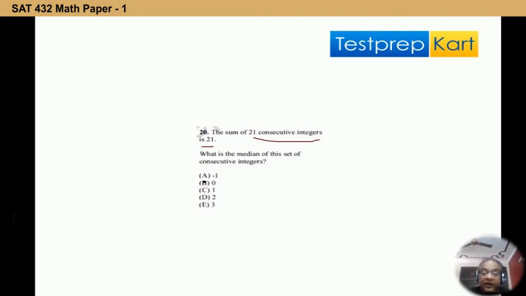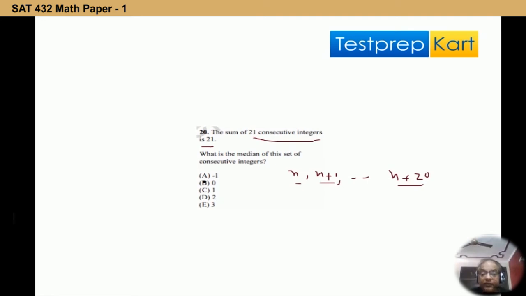Now, if I take integer n, then the next integer will be n plus 1, and so on and so forth, so the last one will be n plus 20. What is the sum of these 21 consecutive integers?